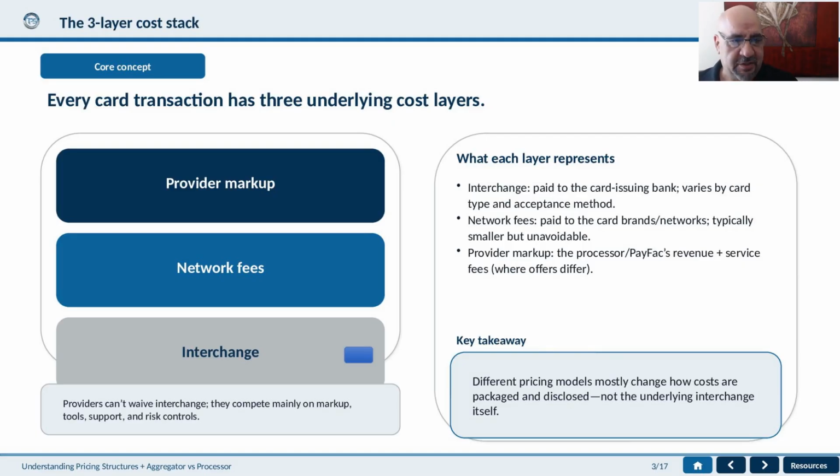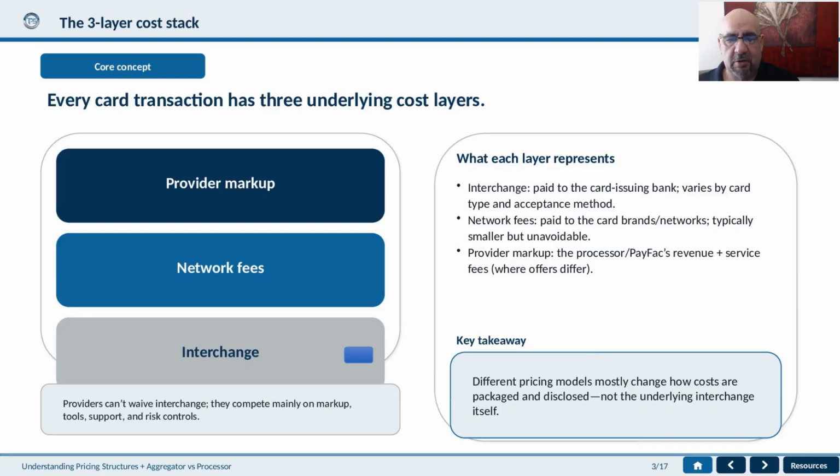So we're the processor, and we take the network fees, which would be Visa, MasterCard, Amex, Discover, their fees that they take per transaction. Then interchange is what the actual cost is of that card. There are several different card types, several different interchange types. And depending on the card type, it could be marked up for any reward program or anything like that.